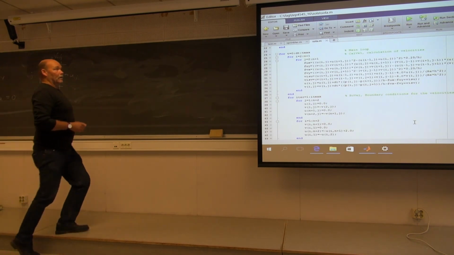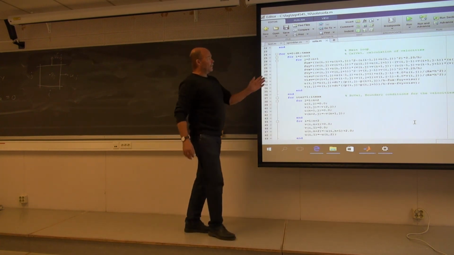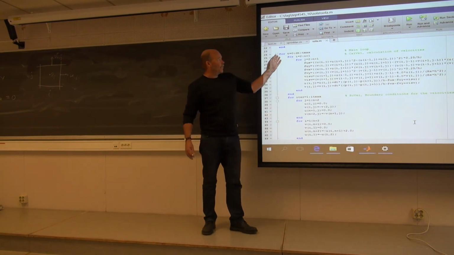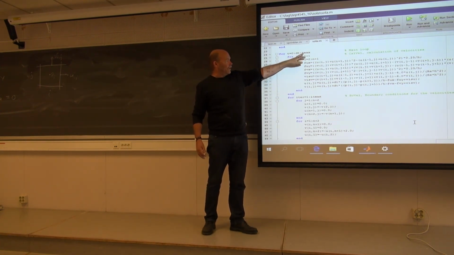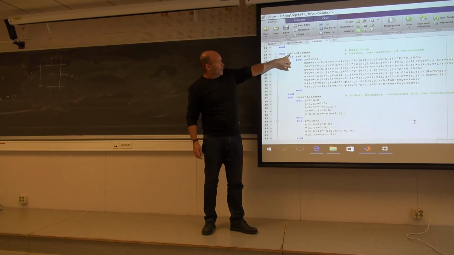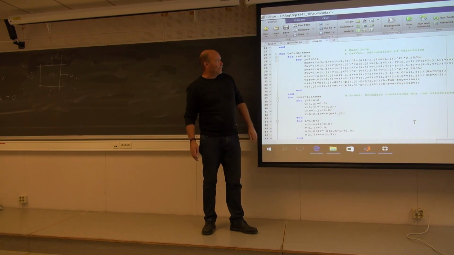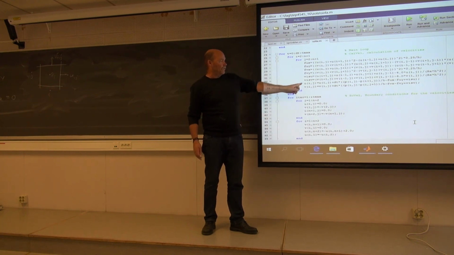Here is the main loop inside the Sola algorithm, for time equals 0 all the way up to maximum time. First double loop here, that's inside the domain. Update all velocities, u and v. These are what we call the tentative velocity field.